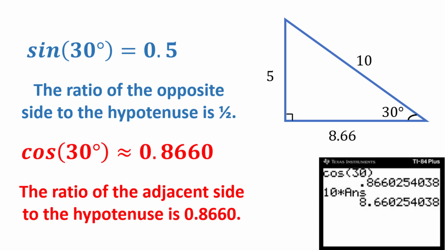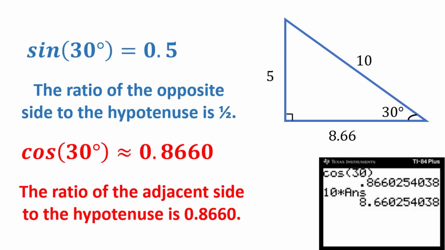I really want to emphasize that this is only one possible triangle that satisfies our trigonometric ratios. I could scale this triangle up or down to create a similar triangle that would also satisfy the ratios. The main point of this example is to emphasize what the trigonometric ratios really are: ratios.